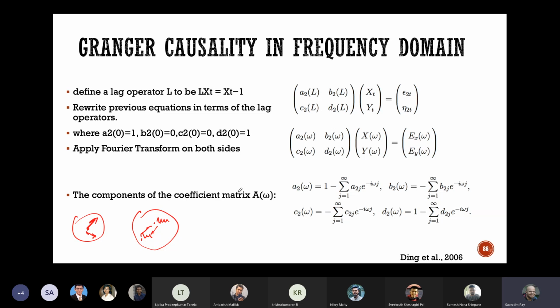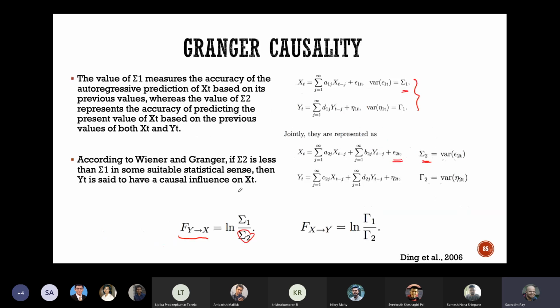What you are doing here is you are writing the previous equations in a matrix form. Okay, this equation you want to write in a matrix form, but you have got x_t and here you have got x_{t-1}, x_{t-2}, x_{t-3}. How do I write it in a matrix form? I will do that by writing it in an operator form. Say L is an operator, it's a lag operator.